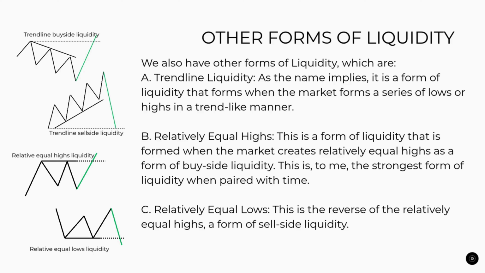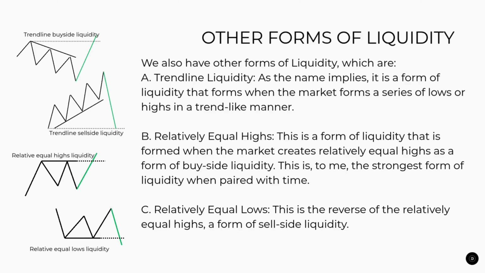Okay, so we have the image to your left. You can see how price puts up what people call a double top. Okay, so that double top creates a relatively equal high liquidity, and price will often gravitate towards those relatively equal highs to take out the buy side liquidity resting above those highs.